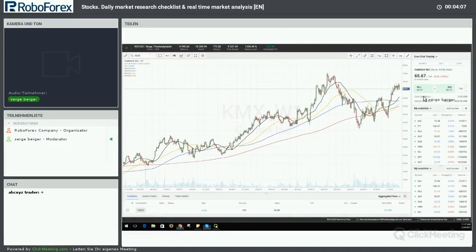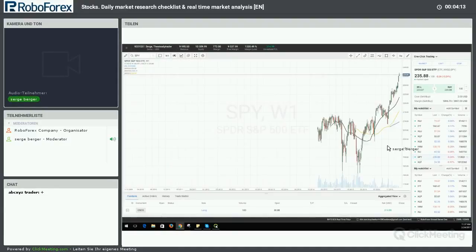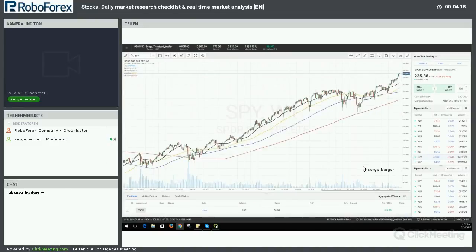Okay. So let's kind of go through this. So let's start with the S&P 500. That's our benchmark base case sort of index. And as you can see, since we discussed the market on Wednesday, we have essentially further risen, and that in and of itself is sort of a testimony to the strength of this market.